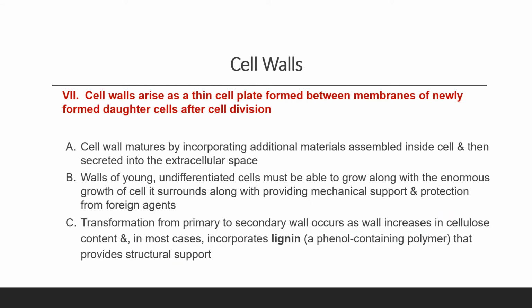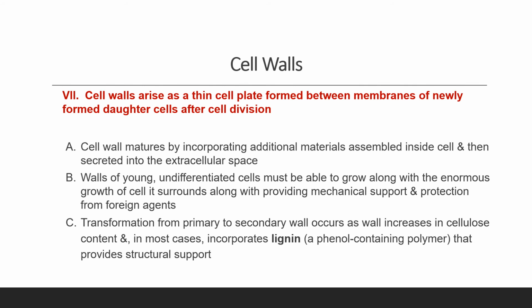So cell walls arise as a thin cell plate formed between membranes of newly formed daughter cells after each cell division. The cell wall matures by incorporating additional materials assembled inside the cell and then secreted into the extracellular space.